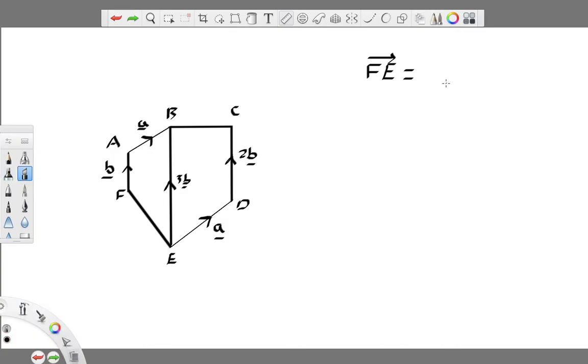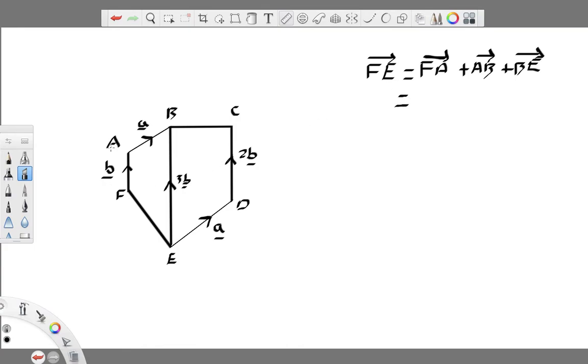So it will be F to A plus A to B plus B to E. And we know that this will give us the correct answer because we start at F and we end at E. Yep.